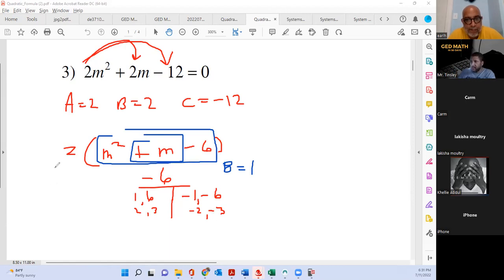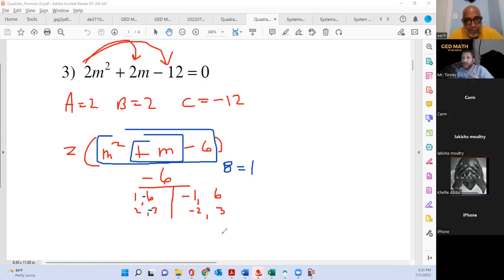See, nobody caught my mistake. We have to factor negative 6, correct? That means it should be 1 times negative 6, 2 times negative 3. So we want to find B is 1.